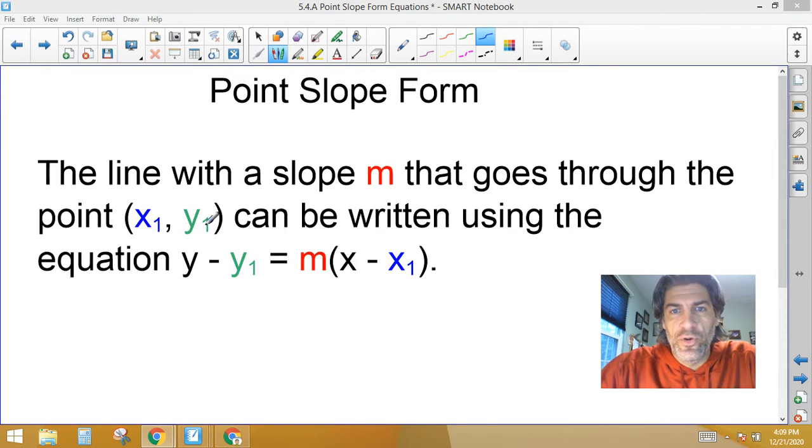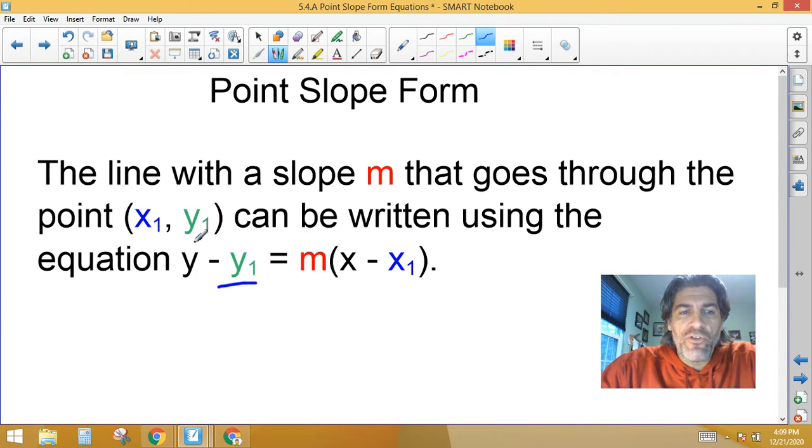The point-slope form of the equation is y minus the y value of the point, always minus the y value, equals m, which is my slope that is given, or you may have to find that, times x, the x variable, minus the x value from my ordered pair.